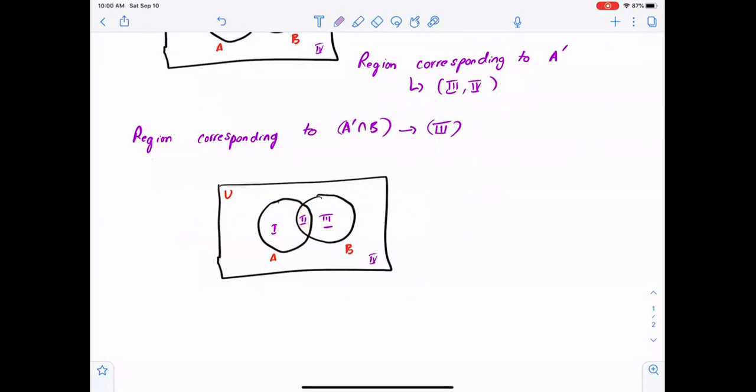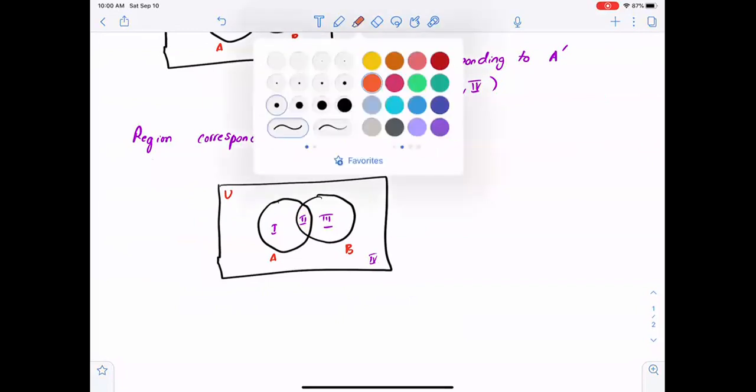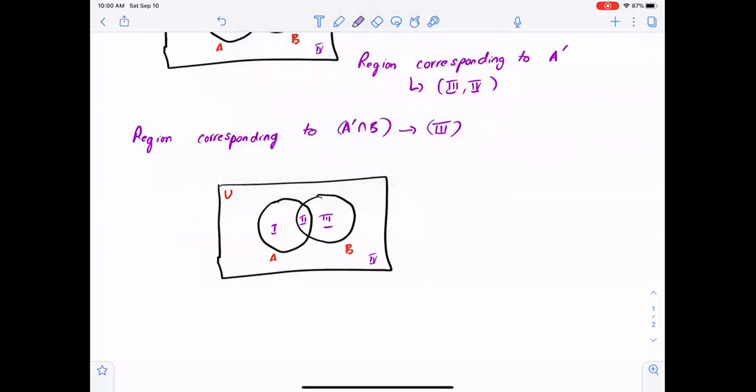So I have the sets listed. Now I'm going to start shading. First, I want to come up with A complement. So pick a color, perhaps go with that.